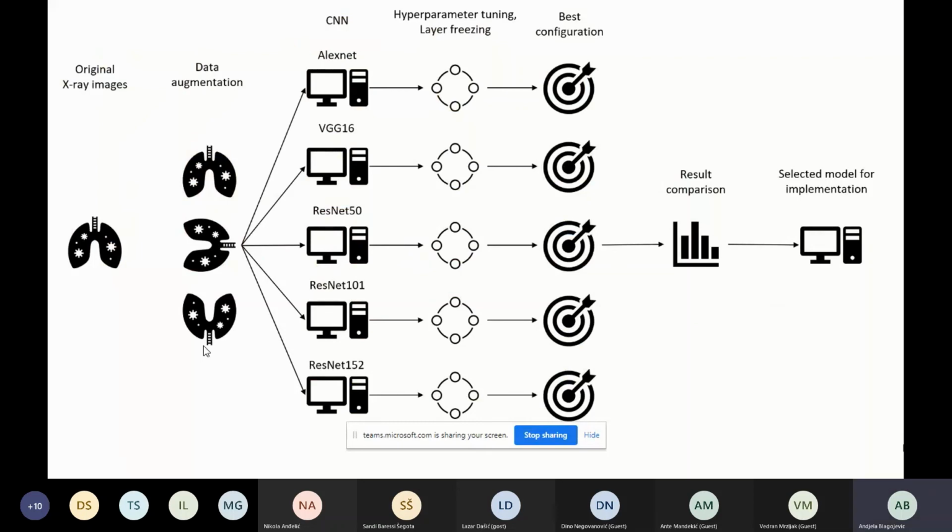This results in a much larger data set than the original. 5 different convolutional neural networks have been used: AlexNet, VGG16, ResNet50, ResNet101, ResNet152. All of the networks in question have been developed as deep convolutional image classification networks, optimized for transfer learning and demonstrate high performance in image classification tasks.